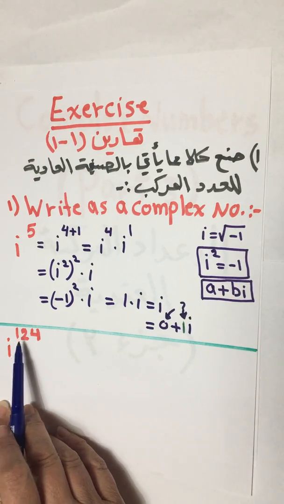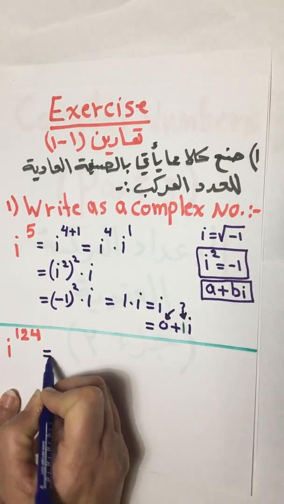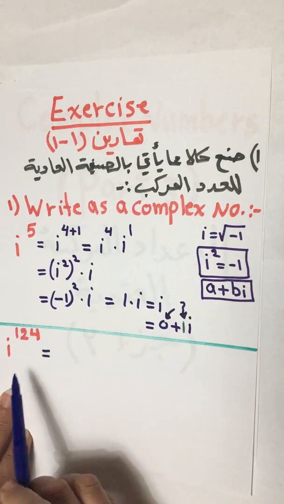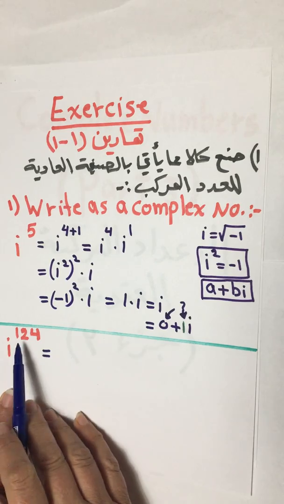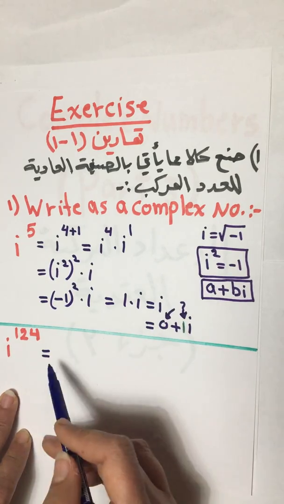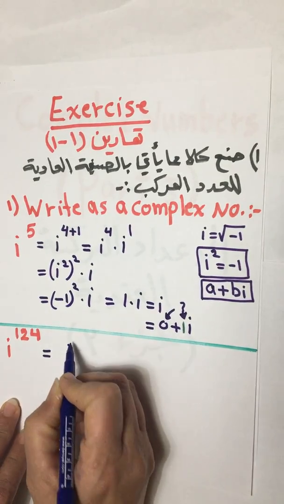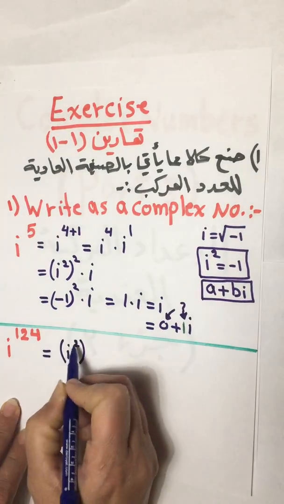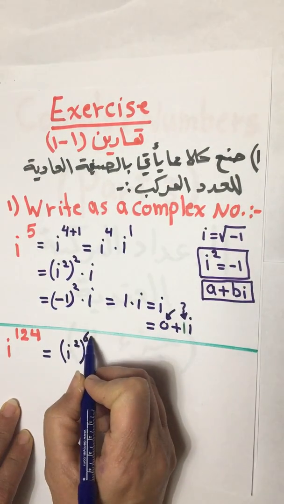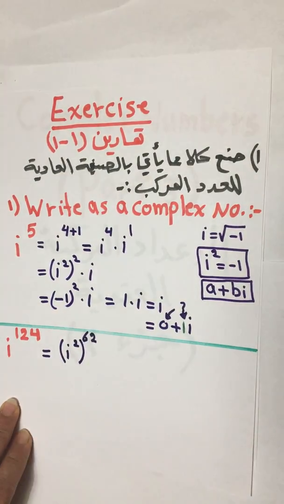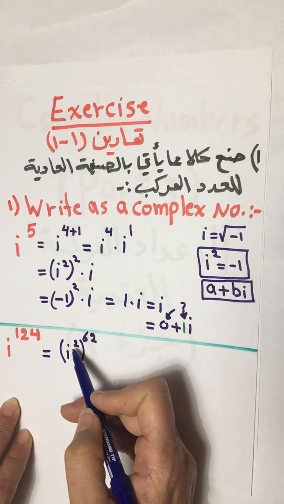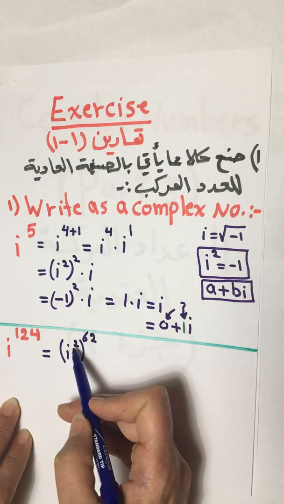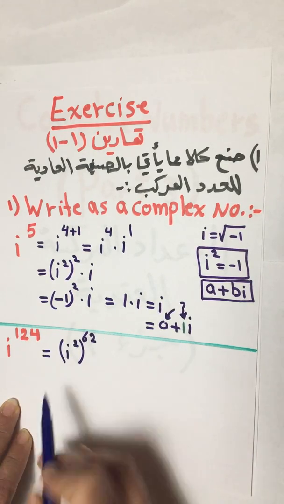I to the power 124 equals... I have to write it as I squared and raise it to another power. The parentheses means multiplication: 2 times 62 is 124.